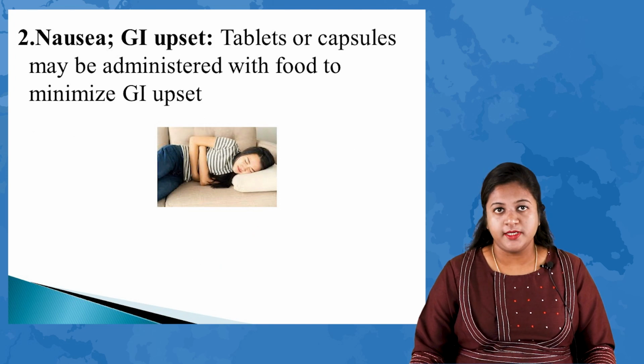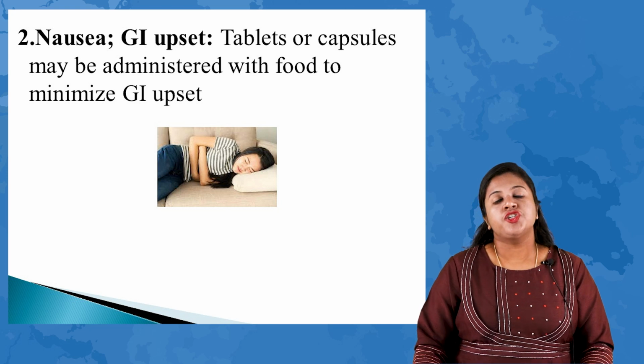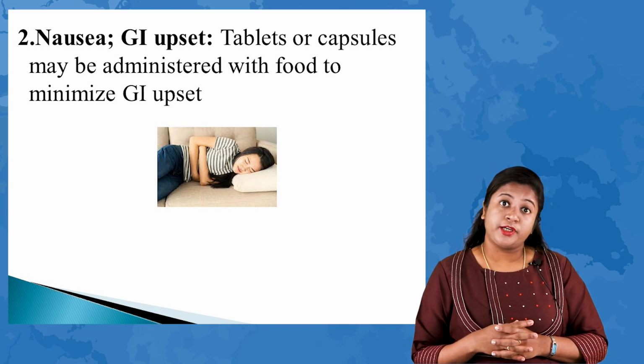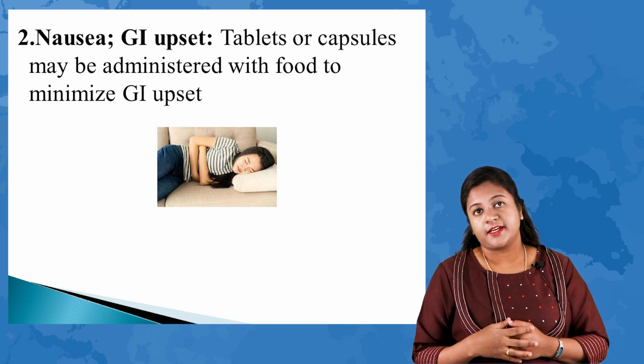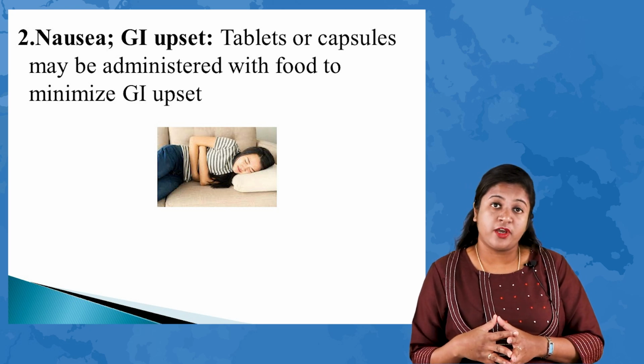Moving to the second adverse effect, which is nausea or GI upset. When the client is on the antipsychotic group of drugs, there may be chances that the client may have gastric irritation or a feeling of nausea or vomiting.